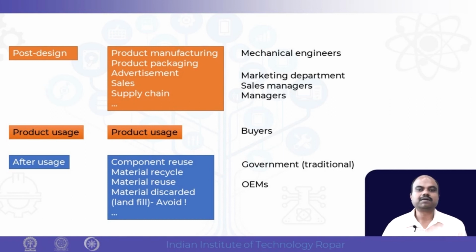However, some companies are not able to do this, or they are not interested, so there are some government rules also. Some recycling is being done by government organizations. There are rules and standards which need to be followed. So material recycling, material usage, material discarding, landfill, these need to be reduced, and that is also important.